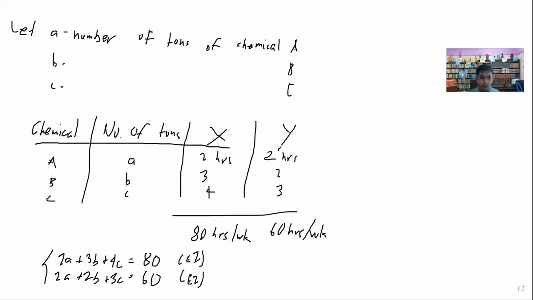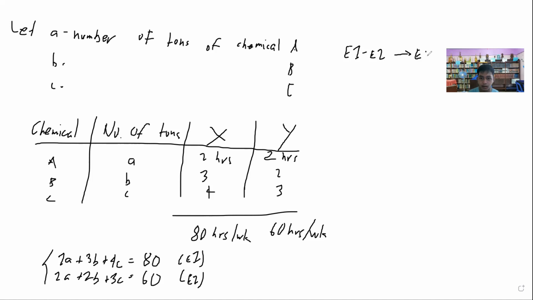So, solve natin ngayon yung equations natin. So, first, pwede natin i-eliminate yung A. We have natin E1 minus E2.